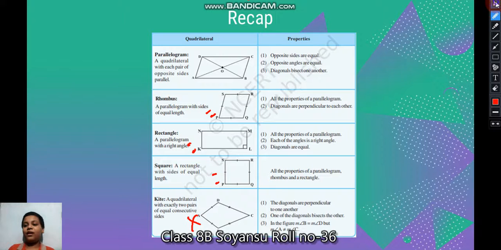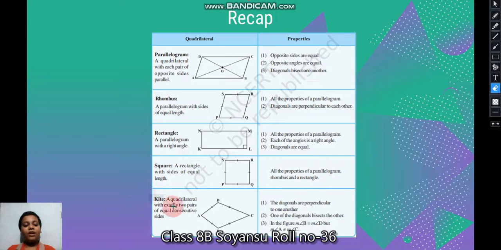This is also a fact. And then comes rhombus. All the properties of parallelogram and diagonals are perpendicular to each other. Square, a rectangle with sides of equal lengths, and all the properties of parallelogram, rhombus and rectangle.